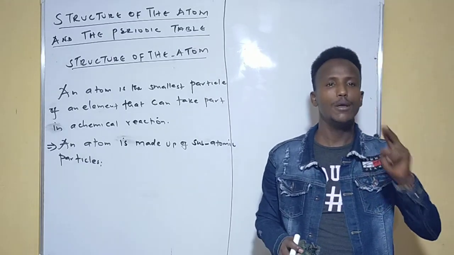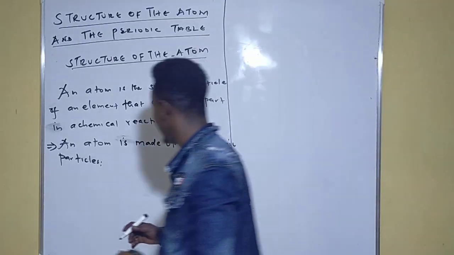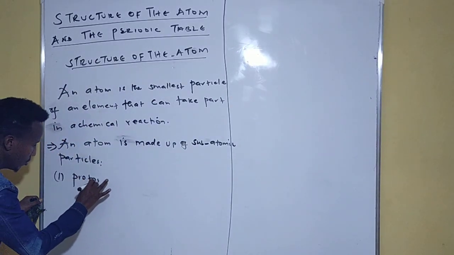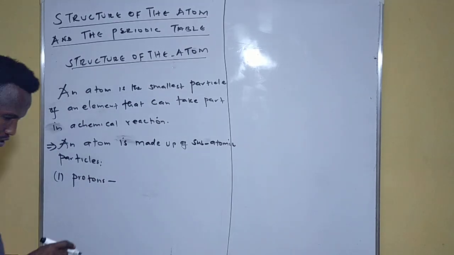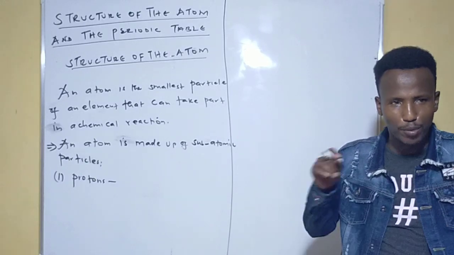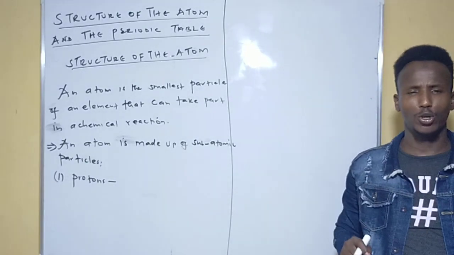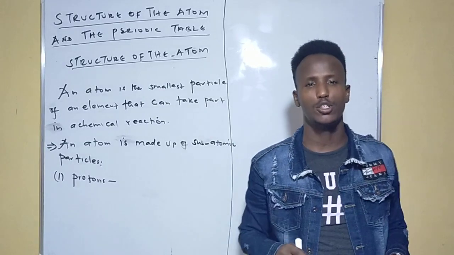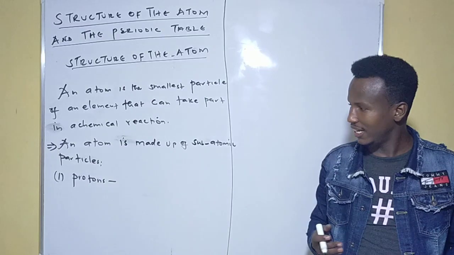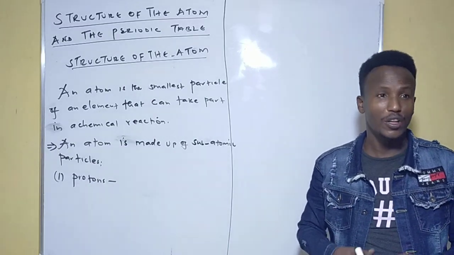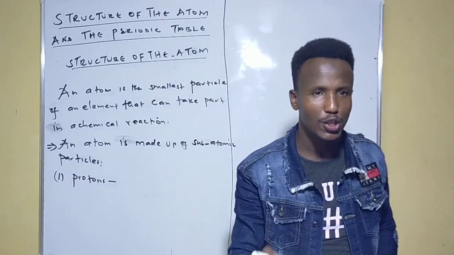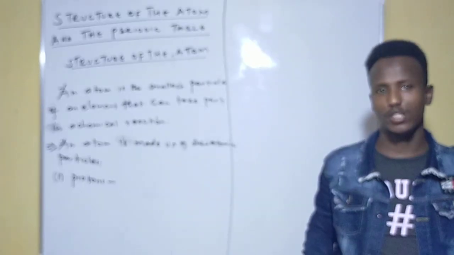Number 1, we have protons. Protons are positively charged particles which are found in the nucleus of an atom. Tell us their position and their nature. When you say nature, it's whether they are negative, positive, or have no charge at all. So protons are positively charged particles found in the nucleus of the atom.